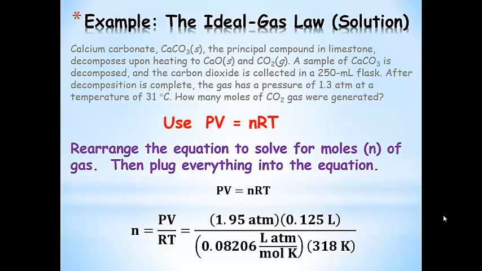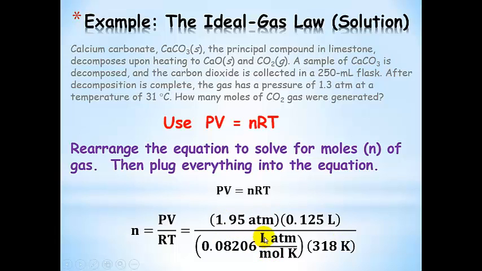Now we are going to use the ideal gas law because, of course, we have our pressure, our volume, and a temperature, and we're looking for moles. So we're going to rearrange PV equals nRT, or PIV-NERT, and solve for moles. Here's moles. Now we're just going to plug everything in. We're going to make sure our units match.